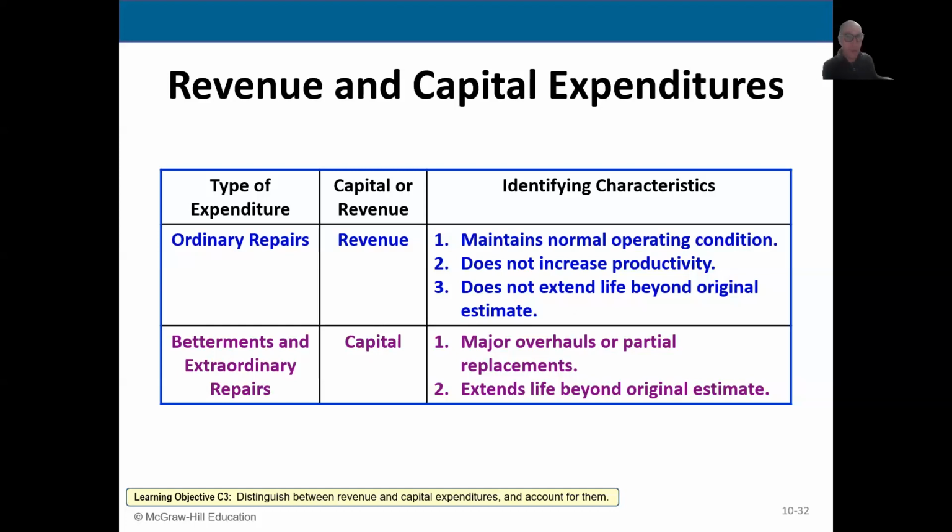So that's extraordinary repair. Then we have ordinary repairs. I call this general maintenance and expense, right? Repairs and maintenance. This is things like we changed the oil, we put new tires on, we changed the battery.